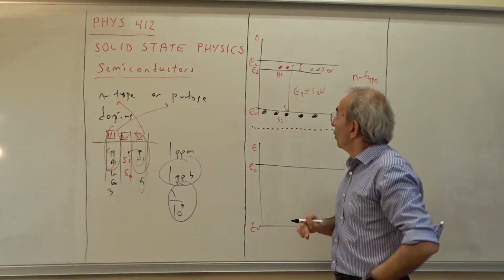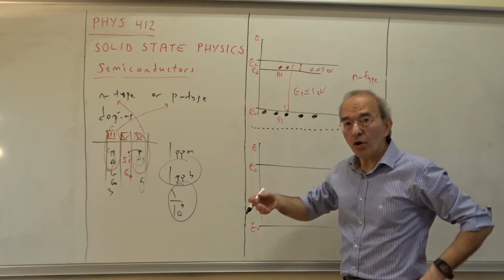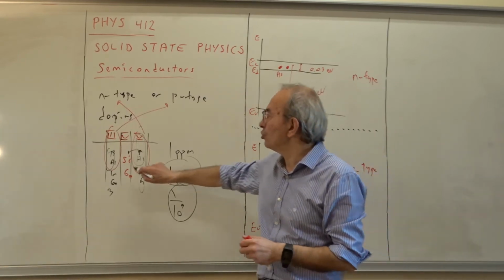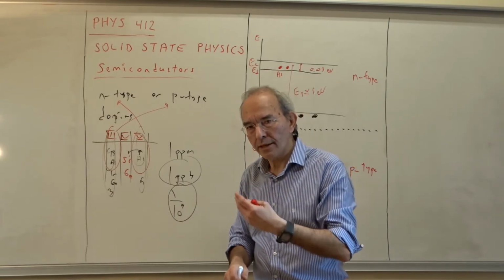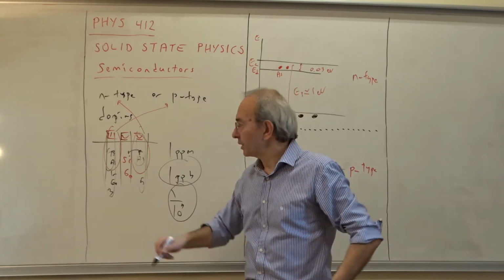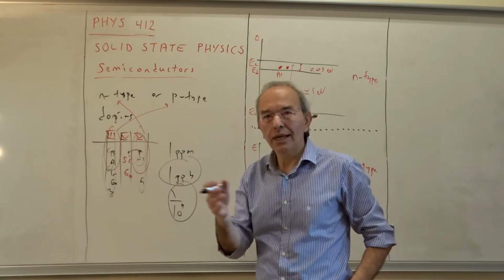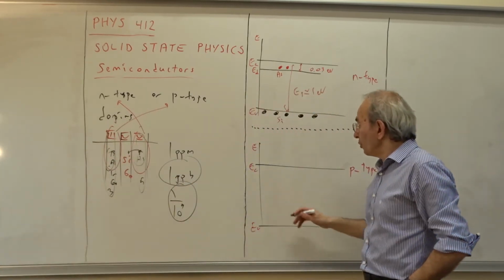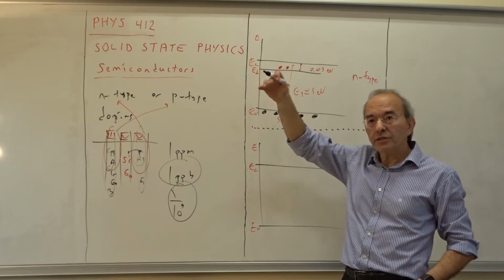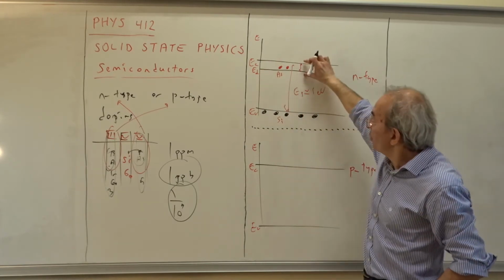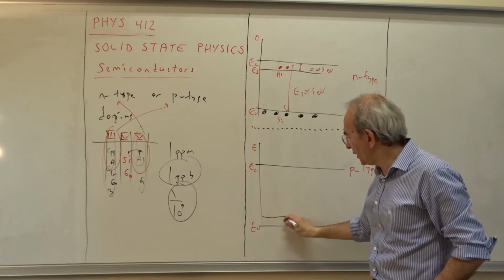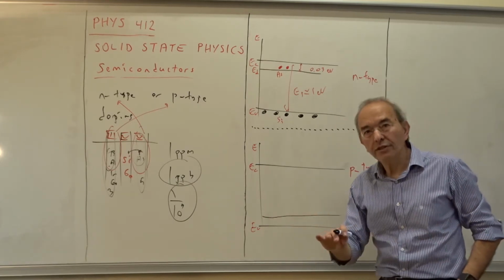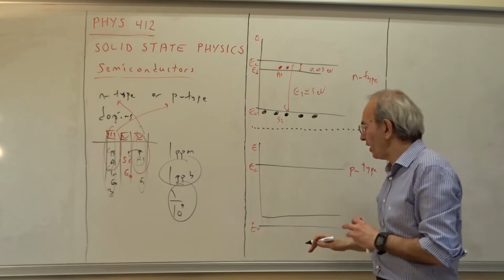Okay. The other thing is the symmetrical case, where you use an element from group 3, third column, such as boron, aluminum, indium, gallium, one of them. So in this case, the symmetrical situation is this much, but near the valence band. So we have an additional level there.